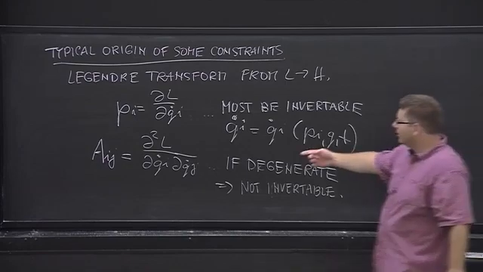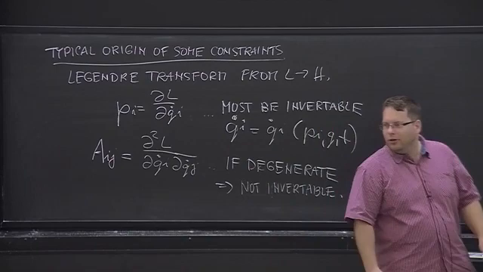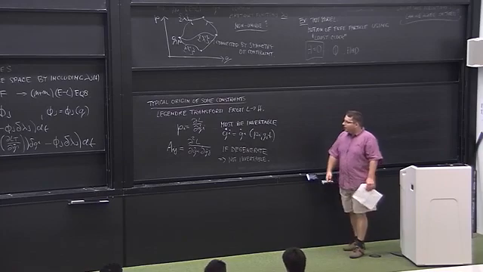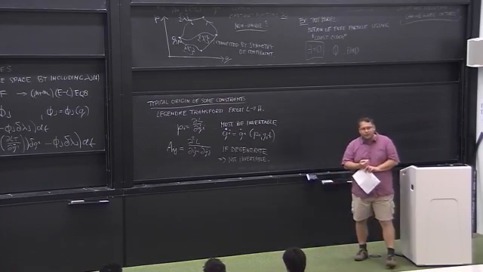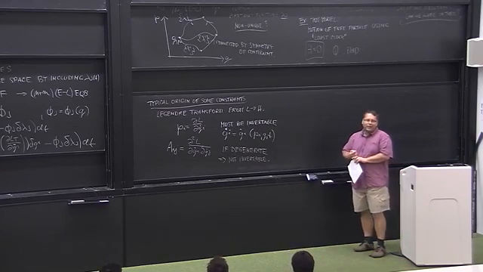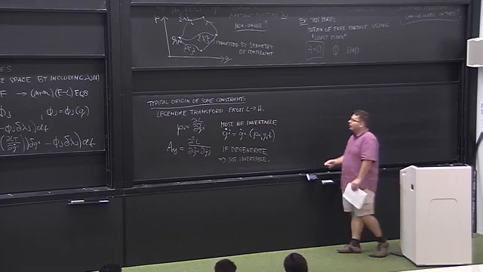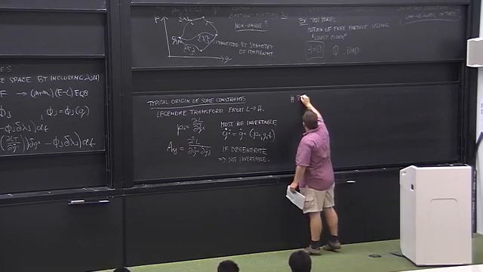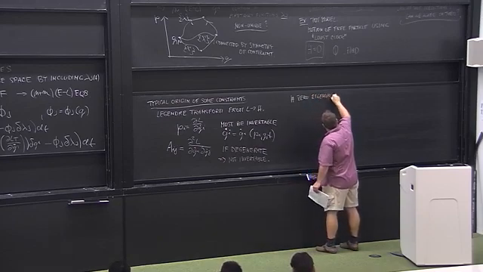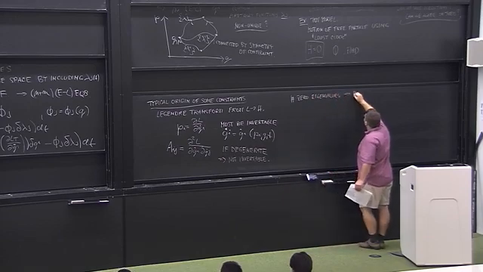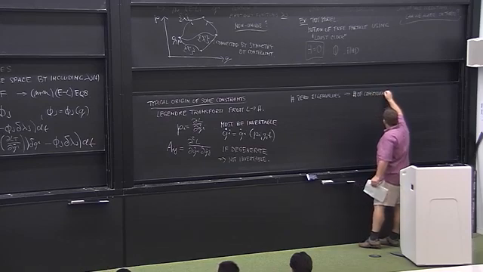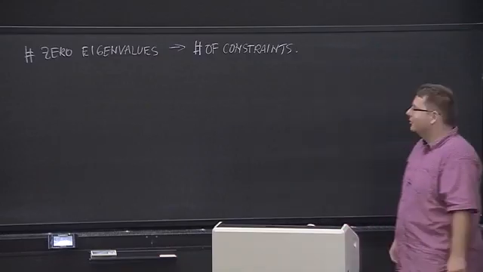If you calculate the determinant of this matrix and you find that it equals 0, then the matrix is degenerate, and then you know that you are in trouble going from L to H. In fact, what you can show is that if you look at the eigenvalues of this matrix, that many zero eigenvalues you find, that many constraints will arise going from L to H. So the number of zero eigenvalues gives the number of constraints and the number of Lagrange multipliers and so on, right?